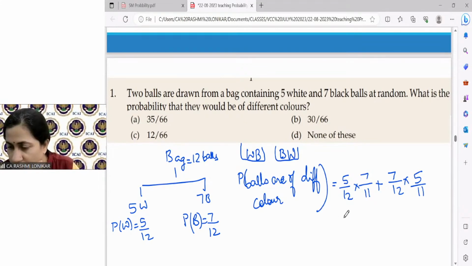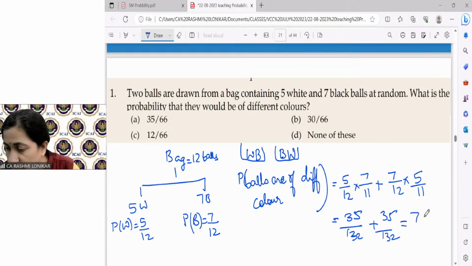So this is equal to 35 upon 132 plus 35 upon 132, which is equal to 70 upon 132.